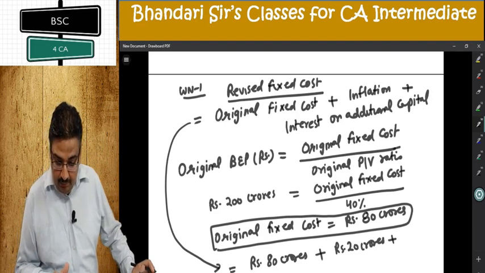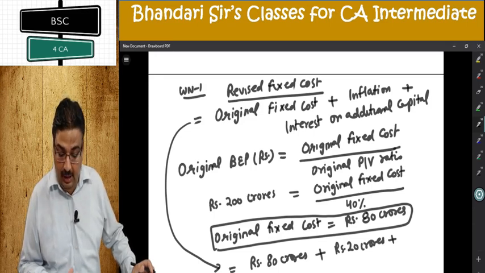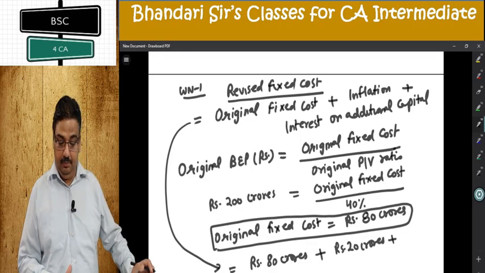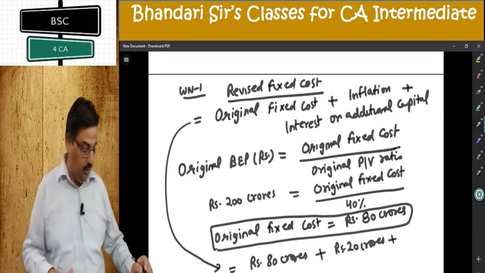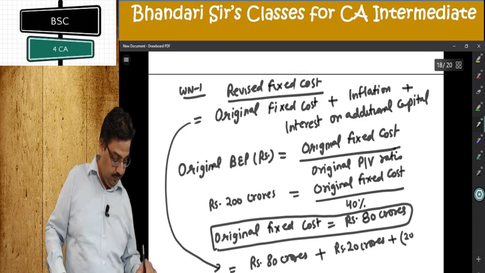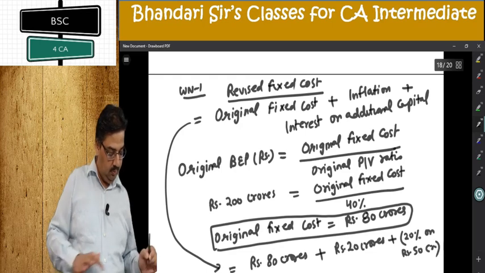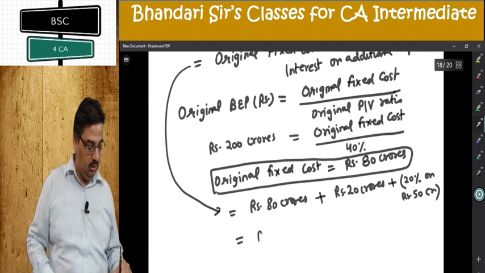He is giving me 50 crore as additional capital on which interest rate is 20%. Second last line in the question, 20% on rupees 50 crore. These are three things which make up revised fixed cost, rupees 110 crore.